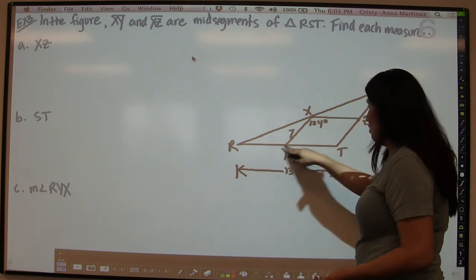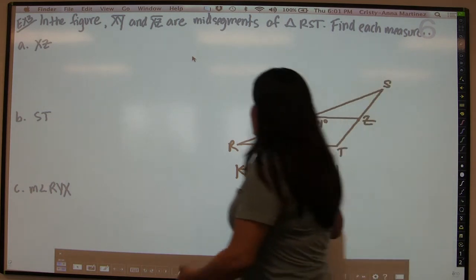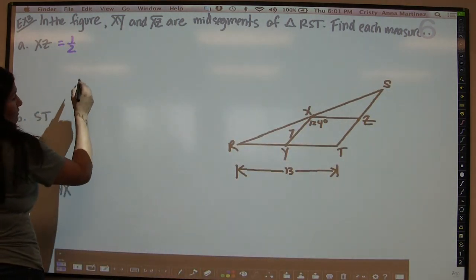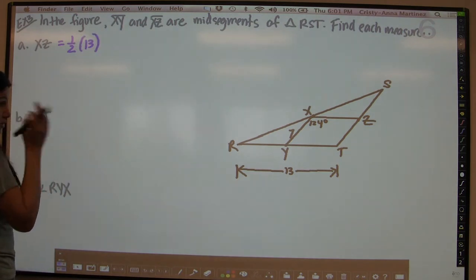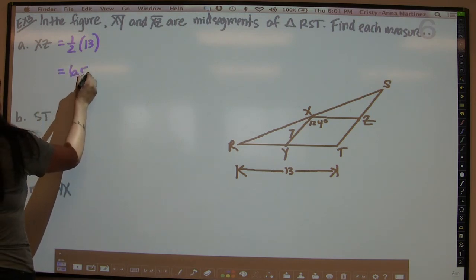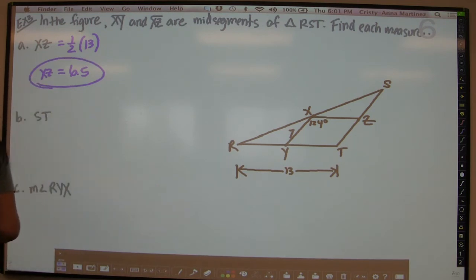It's going to be parallel to RT, and it's going to be half the length of 13. So basically, XZ is equal to half the length of RT, or half the length of 13, because that's what RT is equal to. So then basically, we're going to get 6.5 for XZ. So XZ equals 6.5.